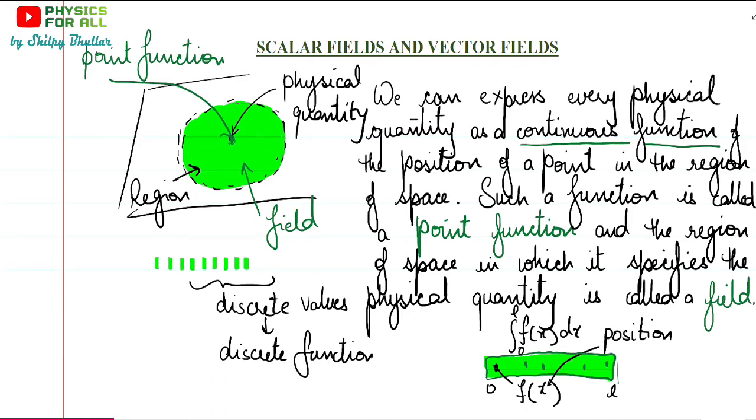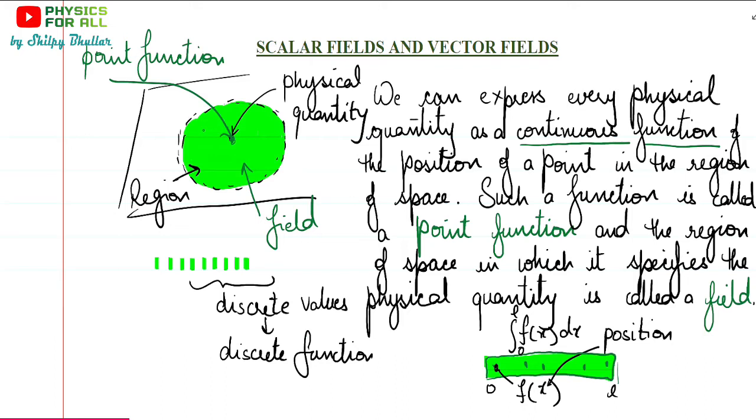If the point function is standing here, then this whole region is its area, its territory. Everything inside this region belongs to this point function. So this is the concept of point function and field: we have a point function and the area around it where its influence can be felt, that is called a field.